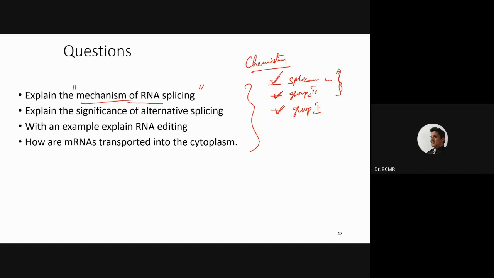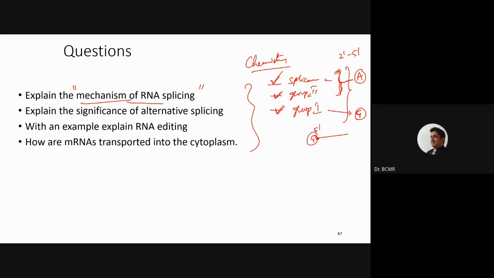The major differences: in spliceosome-mediated splicing and group 2, you have the branch point A site, and that forms a 2' to 5' linkage. In group 1, there is a guanine GTP that is non-covalently bound to the intronic region, and the G will become covalently linked to the 5' side of the intron during splicing.